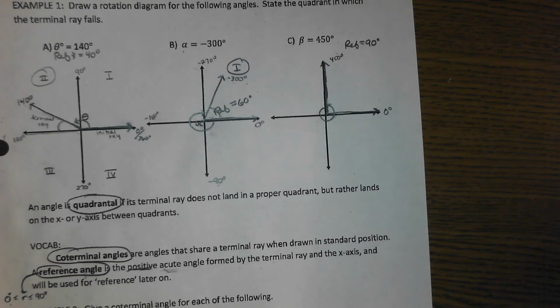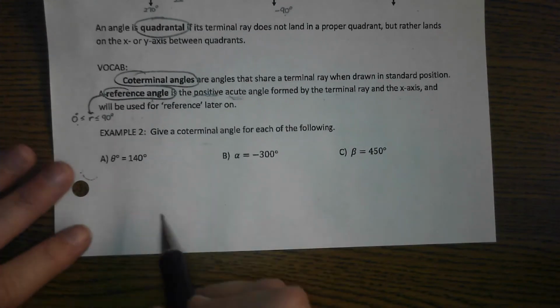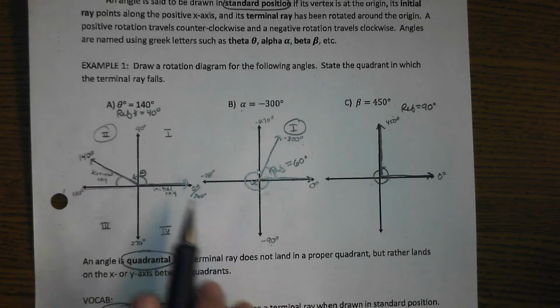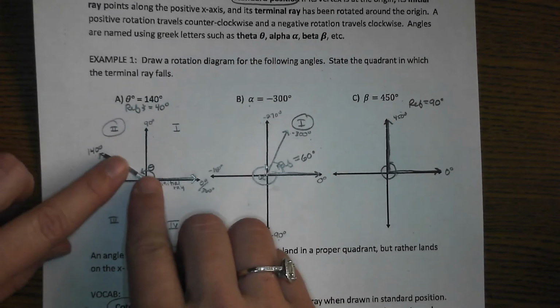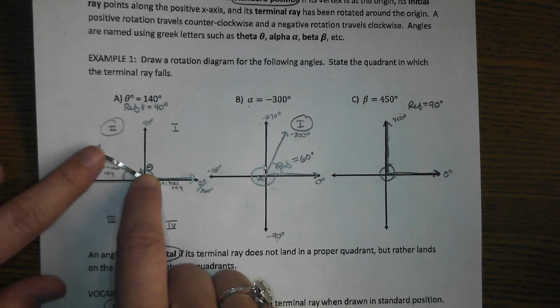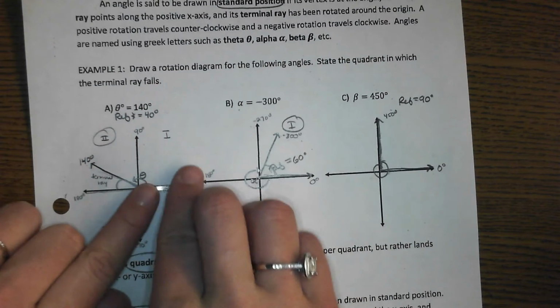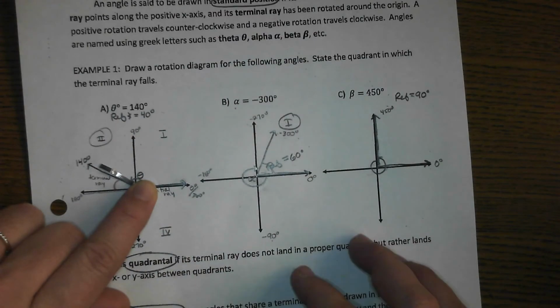All right. And so now back to that coterminal. For a 140 degree angle, which we have here, we want to try to come up with a coterminal angle. Essentially, this has opened up from 0 to 140 pretty straightforwardly.